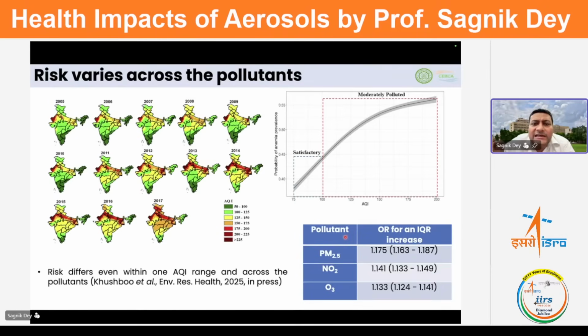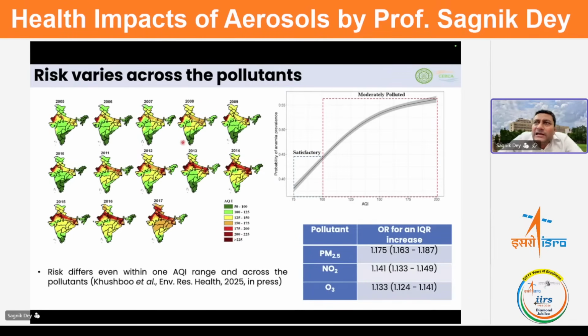We have not really understood the role of composition or toxicity in impacting our health. Because if you talk about PM 2.5 in Rajasthan or close to a desert, 50% of it is probably dust. But if you go to another place where you have a lot of coal burning, you may have a very high percentage of sulfate. Or if you have large biomass burning, you may have a very high fraction of organics.